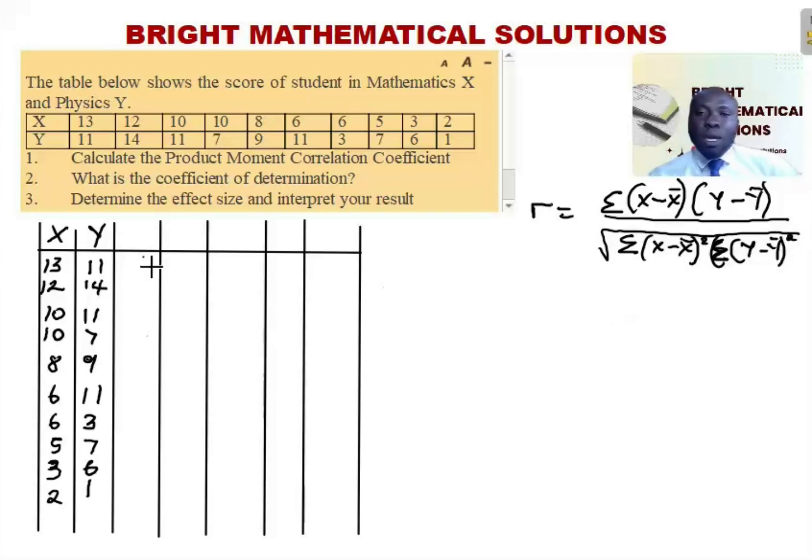So from the data we are given, we need to extract the information that will supply into this formula, so that we can get the product moment correlation coefficient.